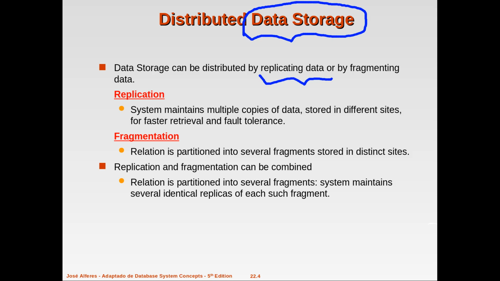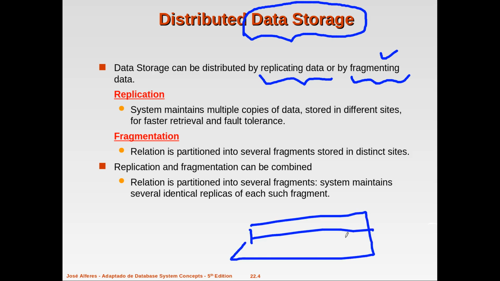So one of the data storage mechanisms is that the same data can be replicated on different sites, and also by fragmenting the data. So replication and fragmentation. So what is fragmentation? Fragmenting the data means a large relation can be fragmented into different fragments.